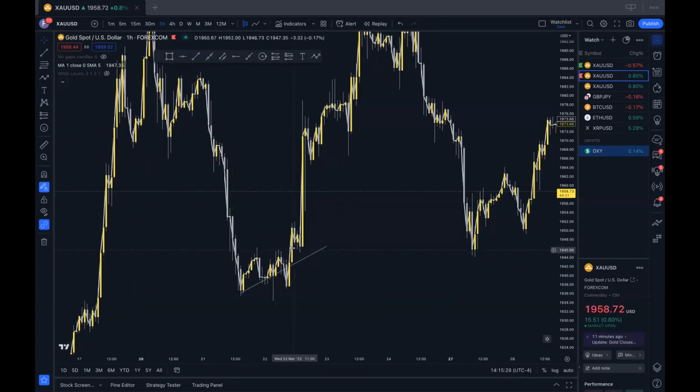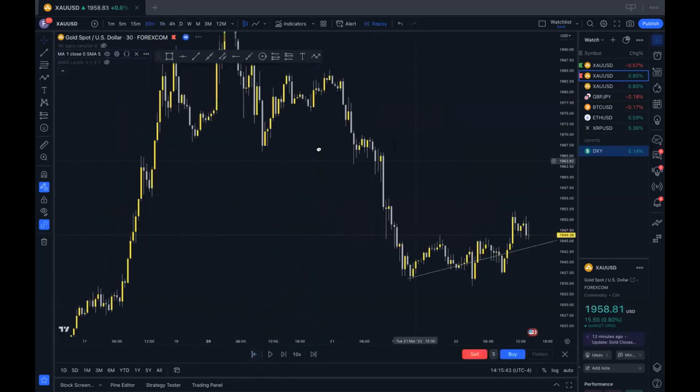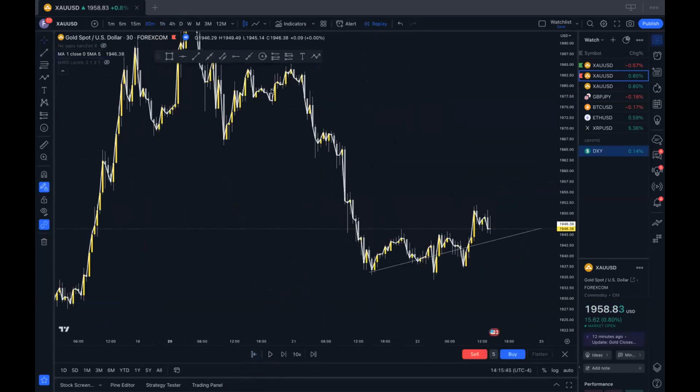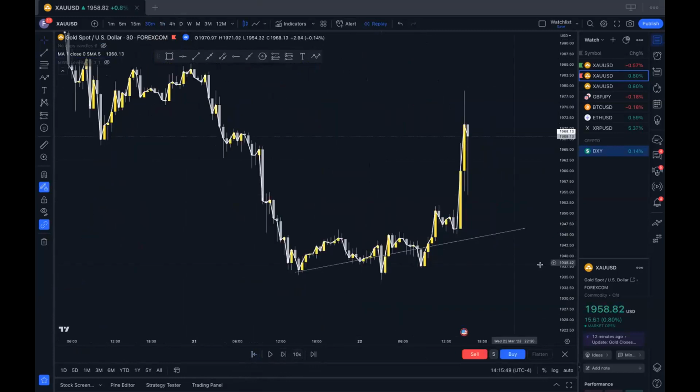How did this spike come? I'm curious. I gotta figure this out. See.